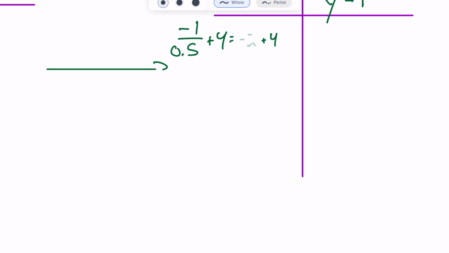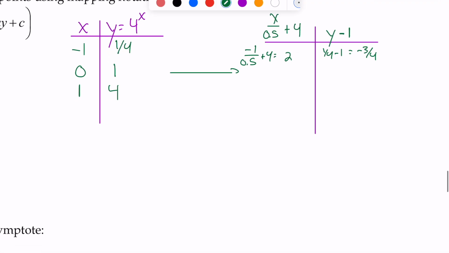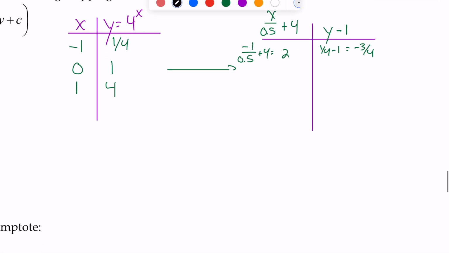That gives you an x coordinate of 2. And then 1/4 take away 1 is -3/4. So there's your first coordinate. I'll just draw a line so we don't get confused.